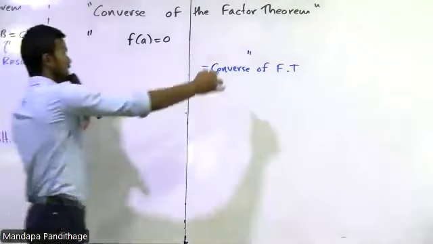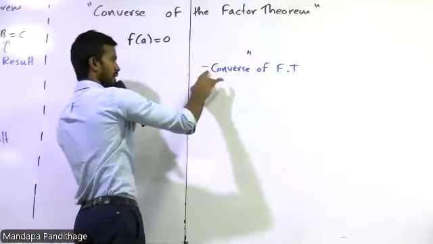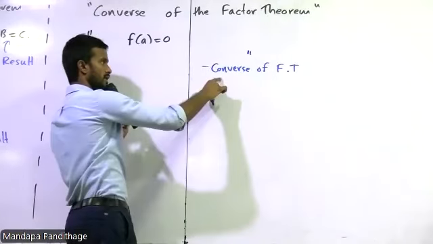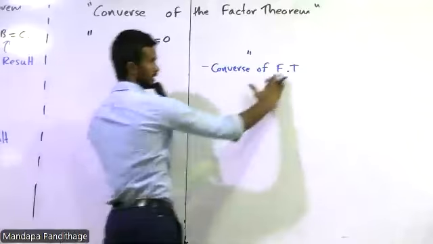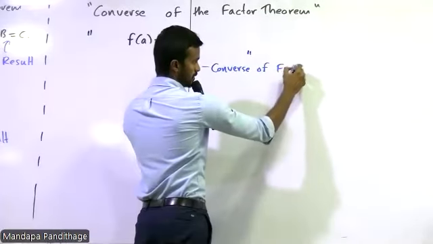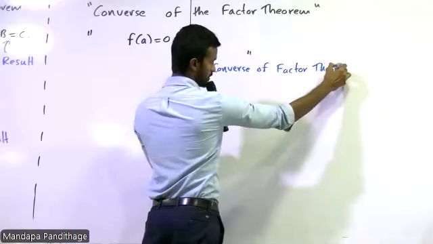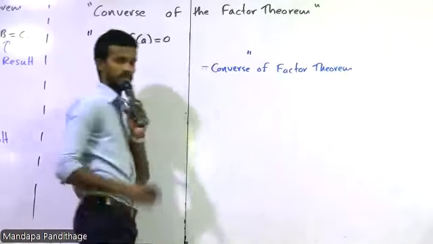And then close the quoted commas and put a small dash. Like the same way we wrote the remainder theorem and the factor theorem, write converse of factor theorem.